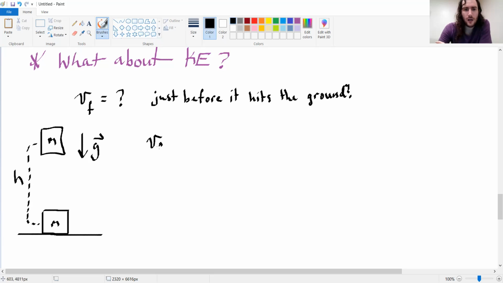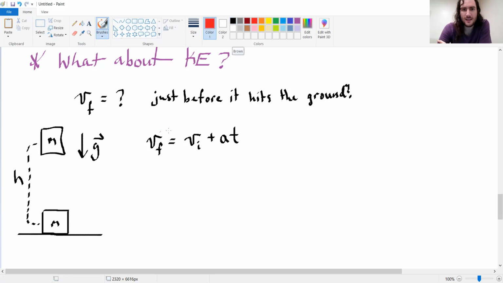The final velocity for an object is given by its initial velocity plus its acceleration times the amount of time that it accelerates, right? Actually, I think I've been using i for initial, so let's put i here. And what is the initial velocity?